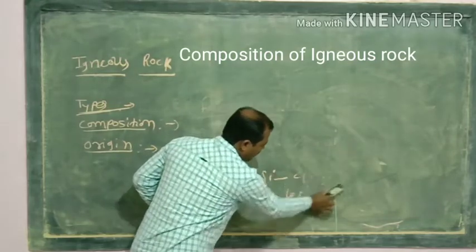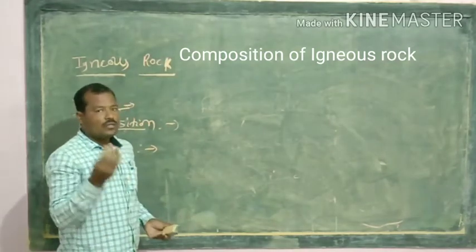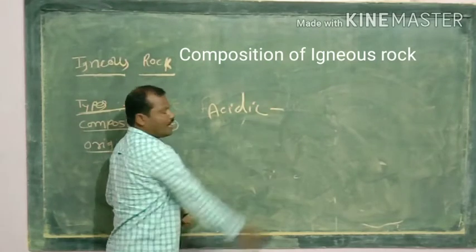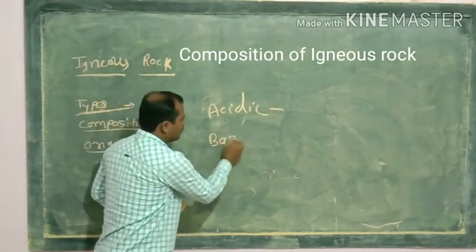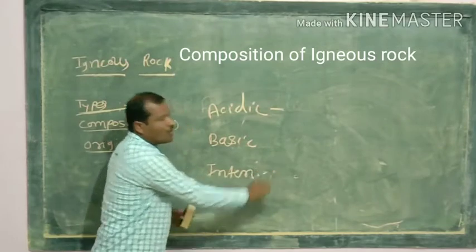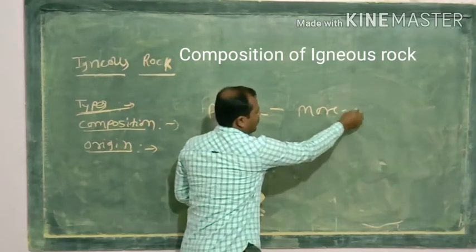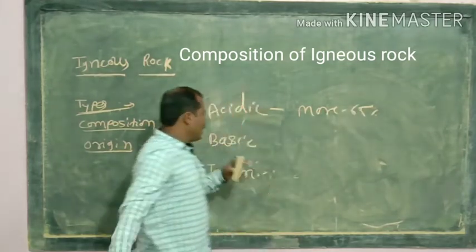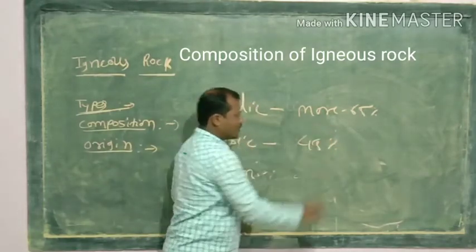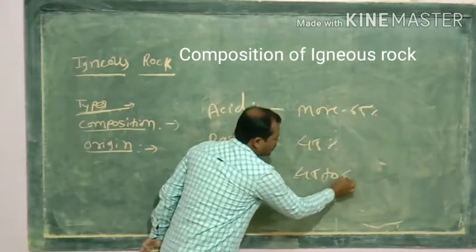Depending upon this composition of magma, igneous rock is also divided into three compositions: acidic igneous rock, basic igneous rock and intermediate igneous rock. In acidic igneous rock, the silica percent is more than 65%, while in basic igneous rock, the silica percent is less than 45%, and in intermediate it is between 45% and 65%.